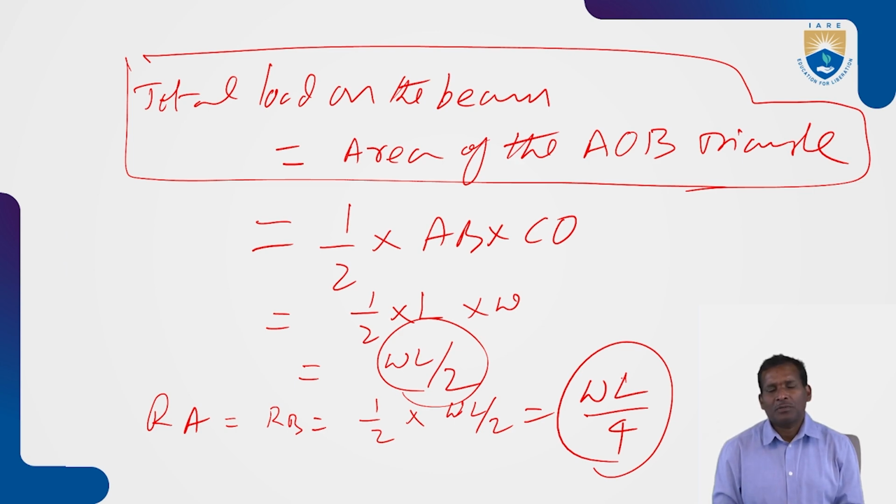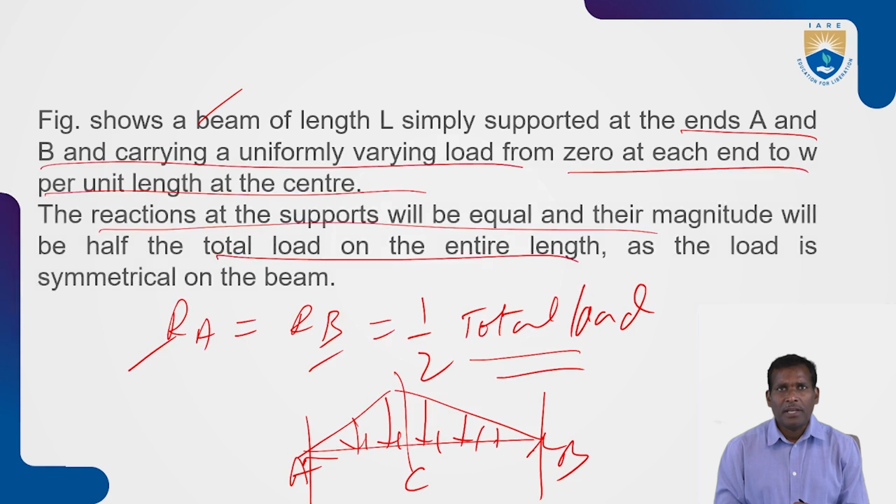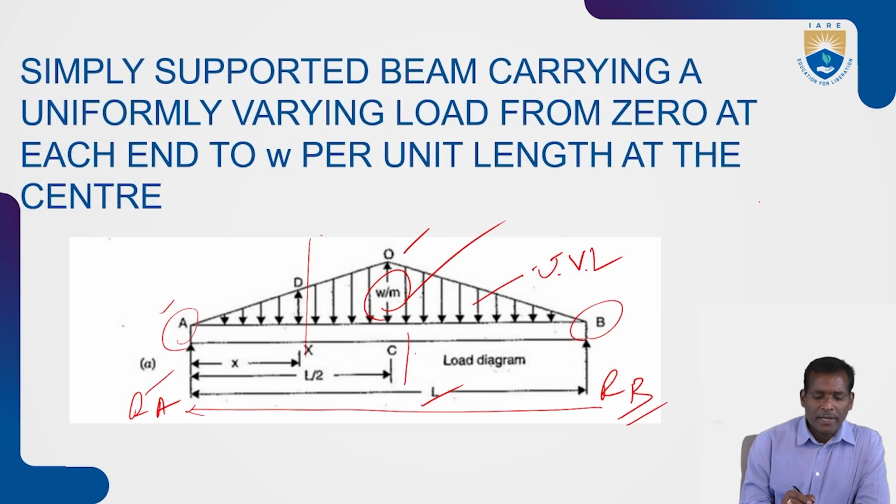Now calculate the shear force at a section at point A, at section X, and then at point B. Here, first assume X is the section, and the distance is X from point A. Clear?